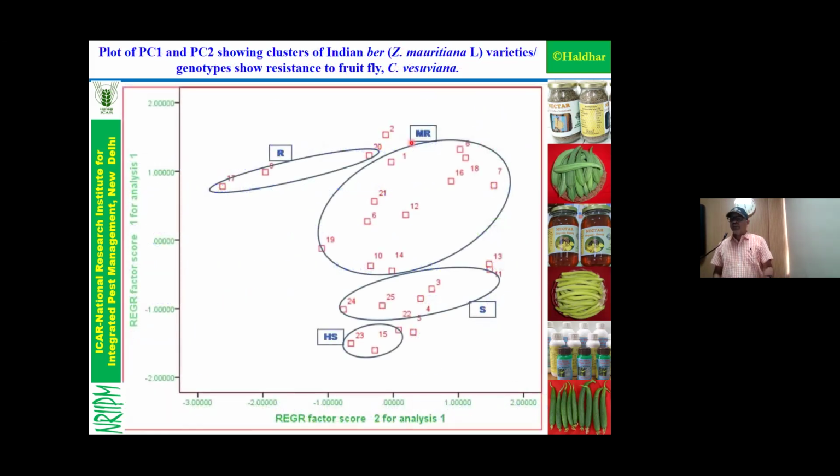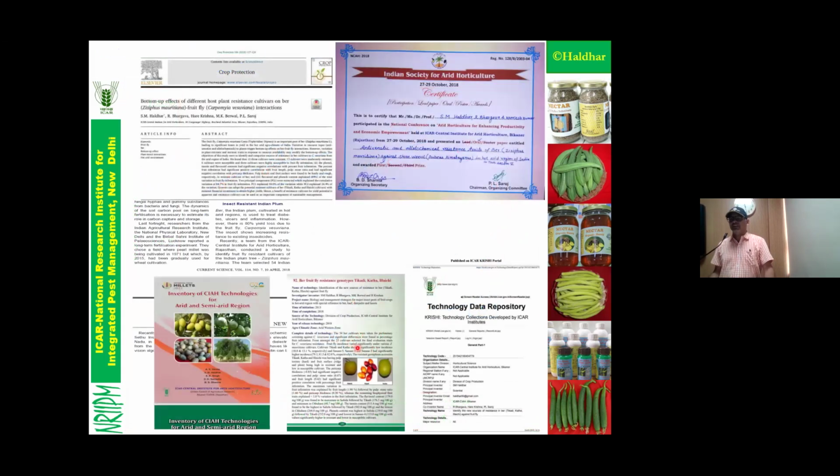On the basis of principal component analysis, we identified the resistant lines, the moderately resistant lines, the susceptible lines, and the highly susceptible lines. Then we published this as a paper in Crop Protection.